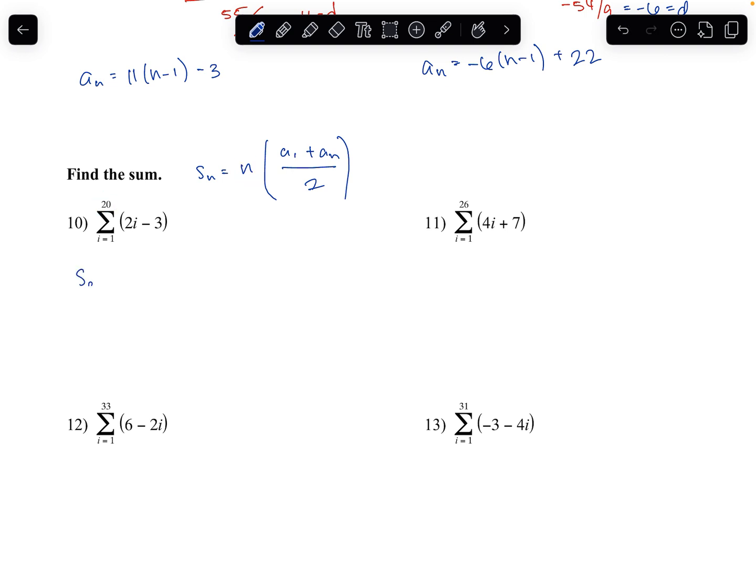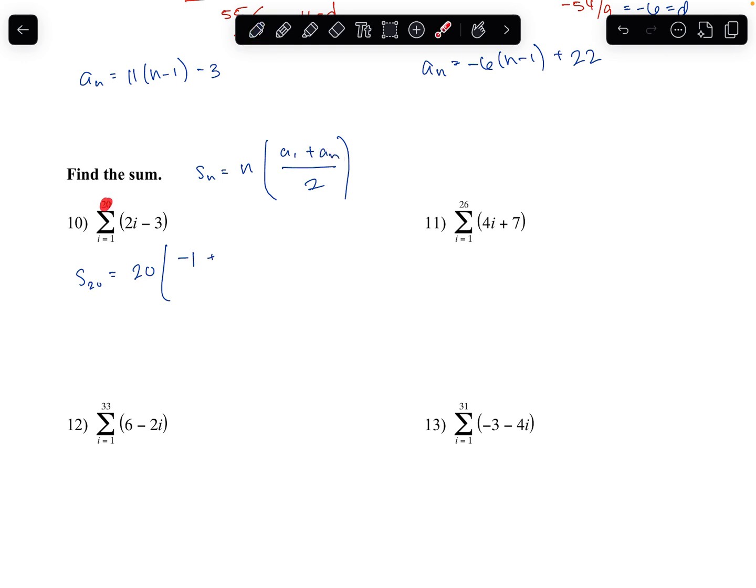So S sub 20 is going to be equal to 20 times a sub 1, which is the first term, and I can find the first term. Since this is the rule for the sequence, I can just plug in 1. So 2 minus 3, which is going to be negative 1, and then plus a sub n, which is the 20th term.